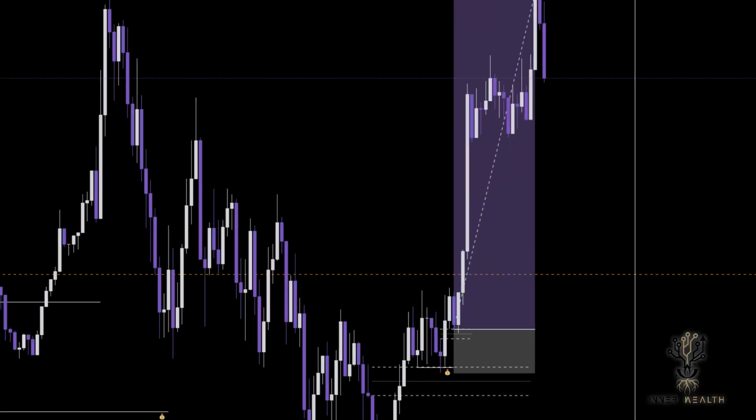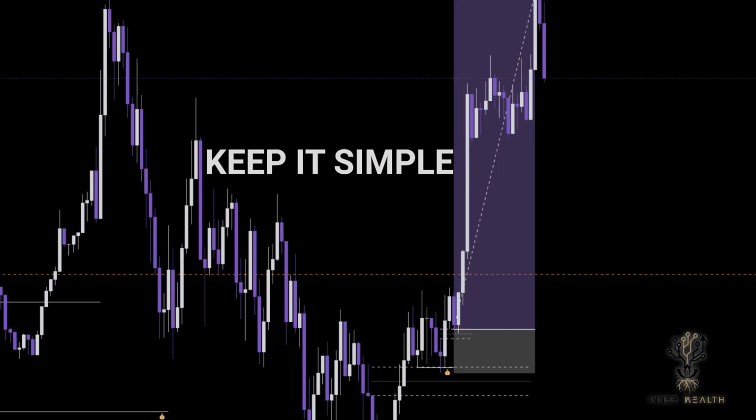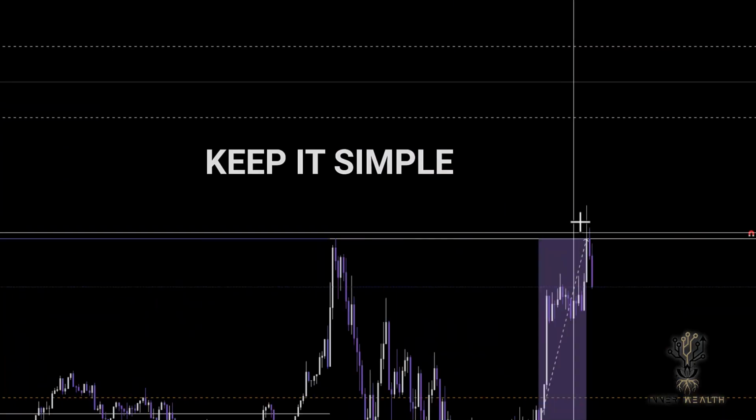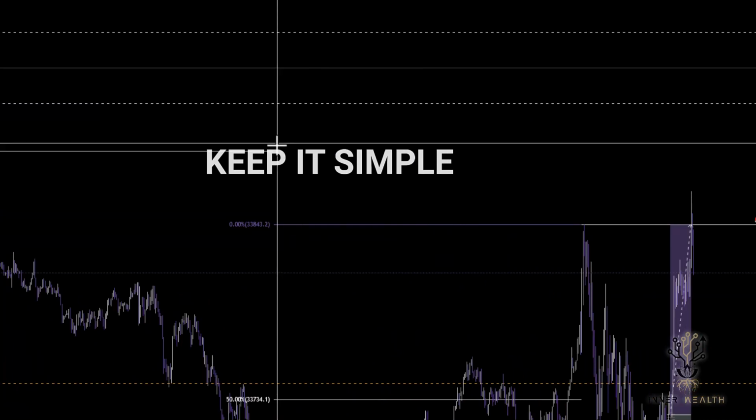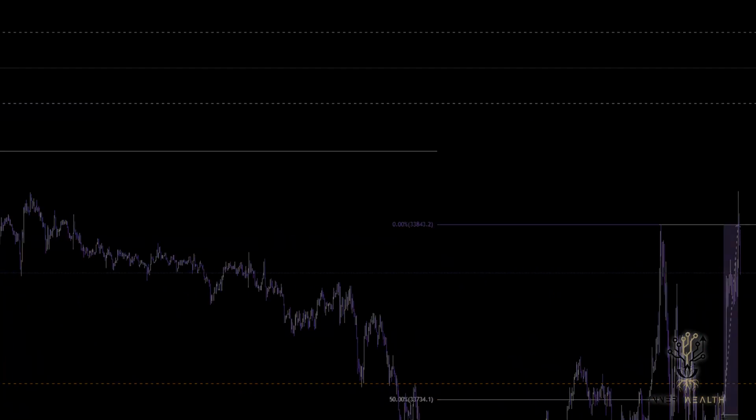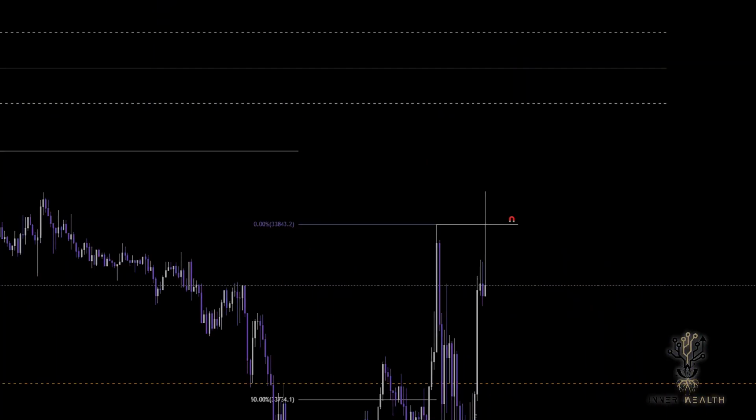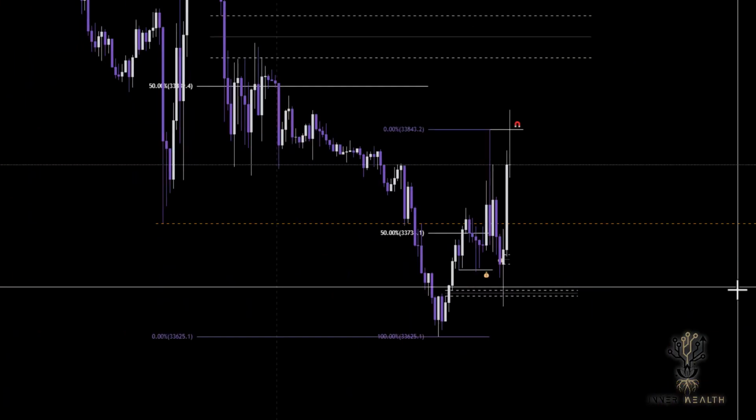But I just wanted to show you guys imbalances and liquidity. That's all we were looking at just now. That's it. We were just focused on imbalances and liquidity. Now, what else were we aiming for? That imbalance in premium, right? We were aiming for 50% and beyond on this range.